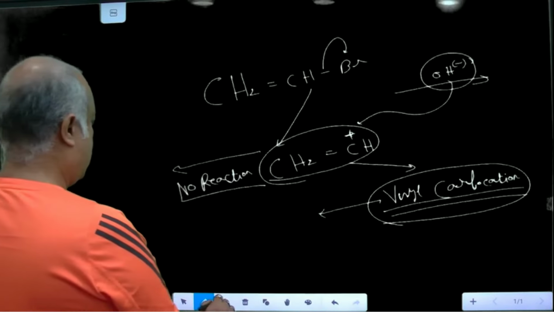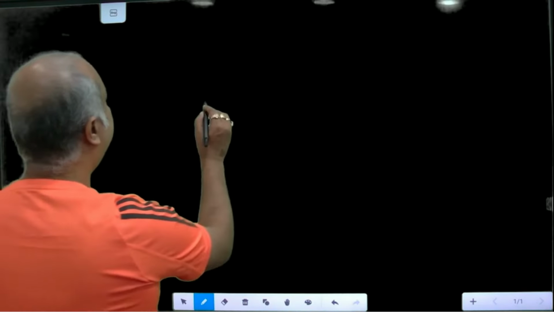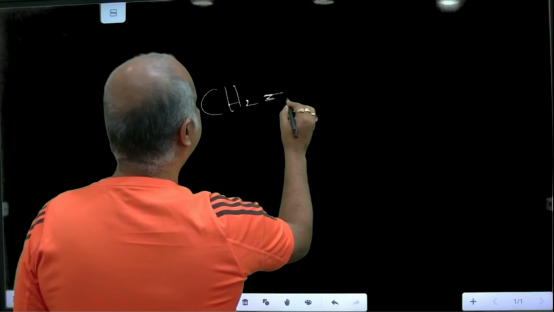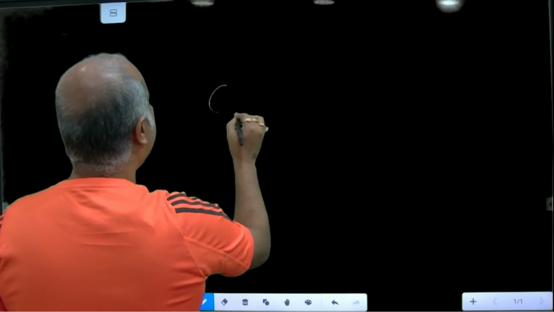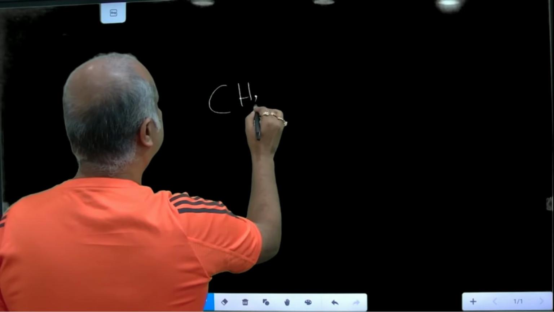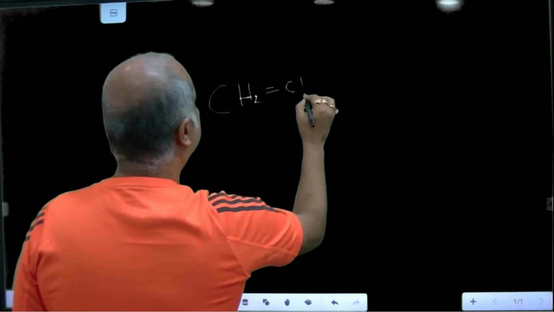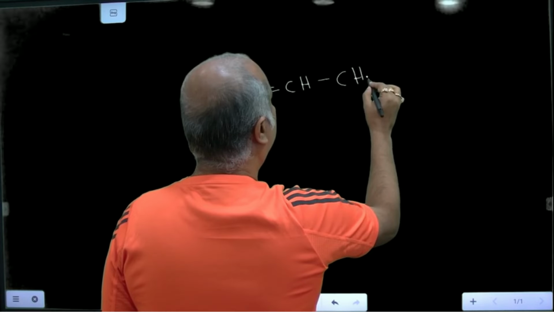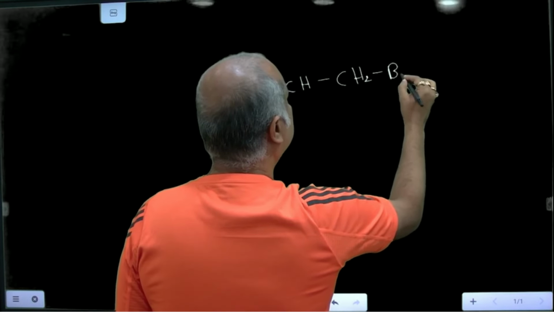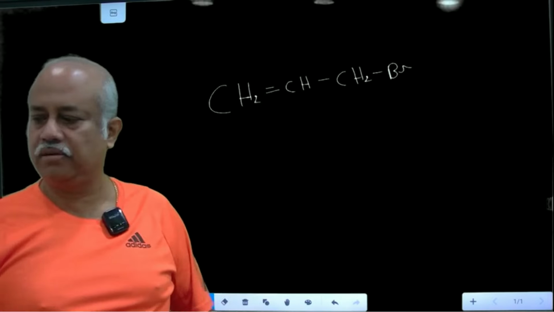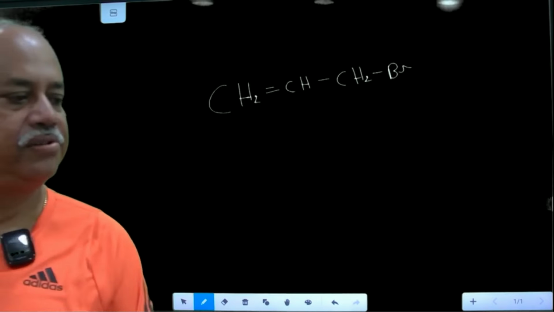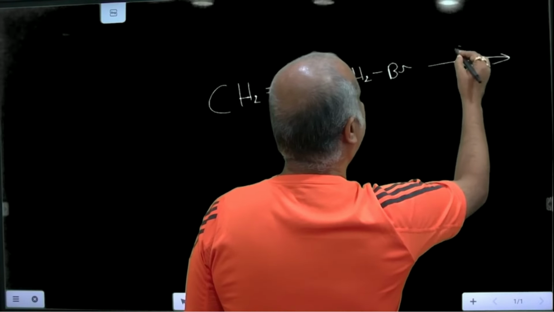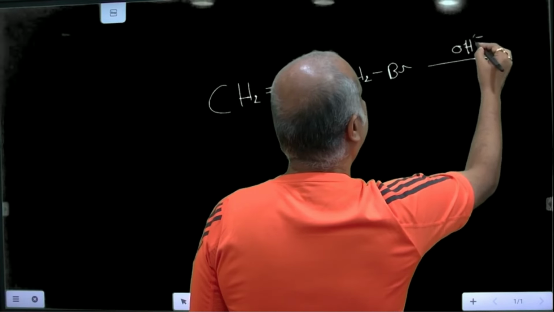This one, that is an allyl bromide. If you react it with aqueous KOH, that means OH minus.